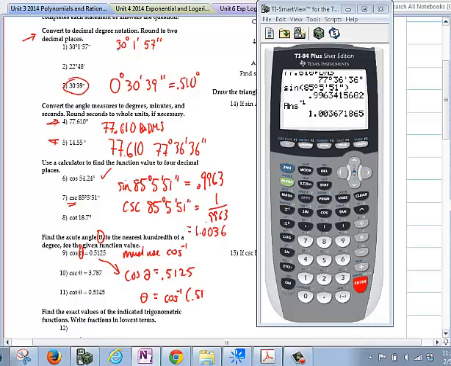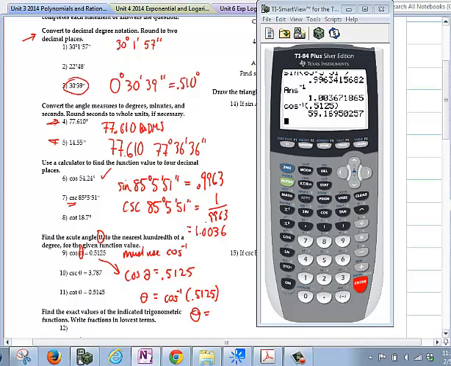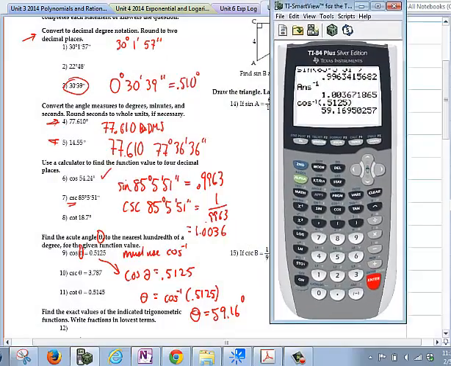And again, we practiced this in class as well. Make sure that your calculator is in degrees. Hold on, let me go to mode, I'm in degrees, so I'm good. All those answers from before are good. So I'm going to just do the inverse cosine of 0.5125. And that will give me the angle theta, and it'll be 59.16 degrees.